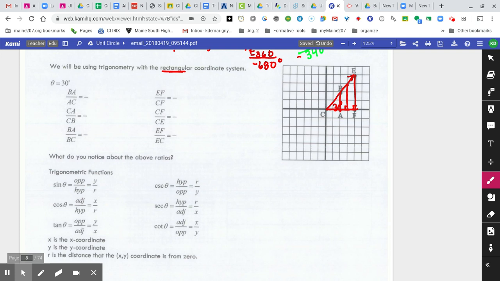The first thing that I would need you to see is that if we use BA over AC, whatever length this is here, we would call an X, and whatever length that we had up and down, we would call a Y. Now, what we call between C and B, we call an R. And that comes from your Pythagorean theorem, that x squared plus y squared is equal to r squared.